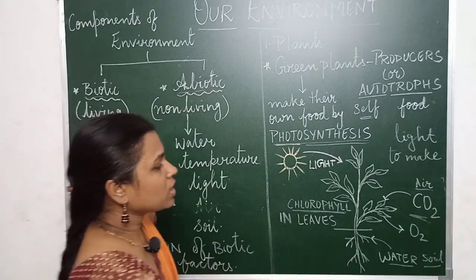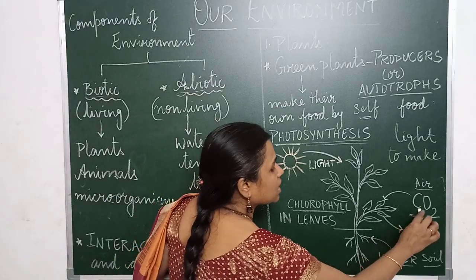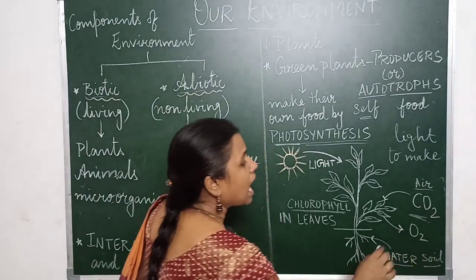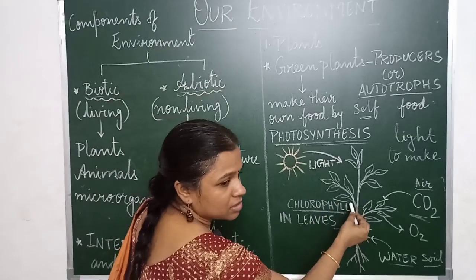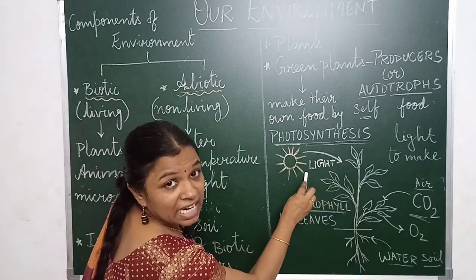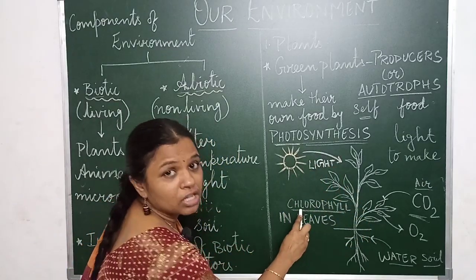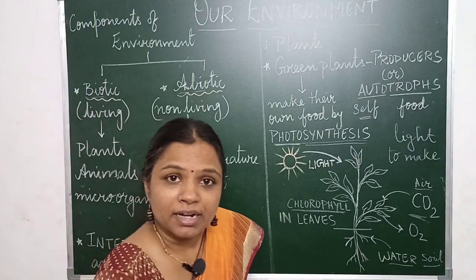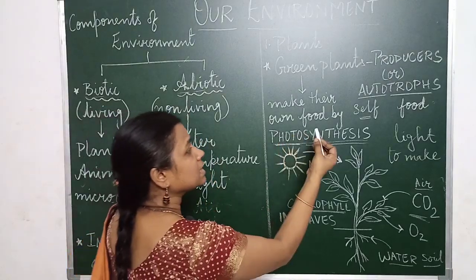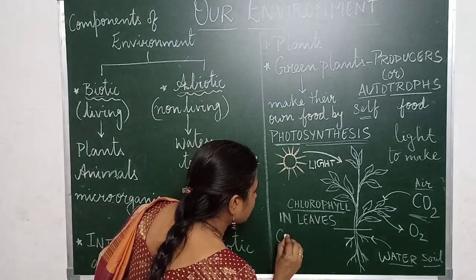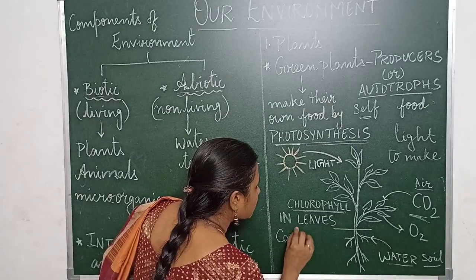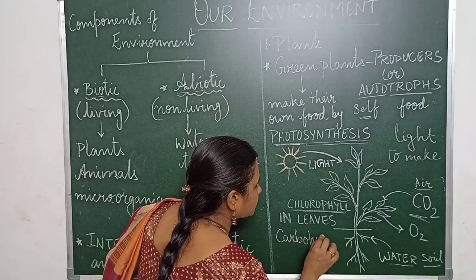So, here what is happening? The carbon dioxide and water are taken by the green plants in the presence of sunlight and chlorophyll. Food is prepared. Okay, the food here is prepared in the form of carbohydrates.